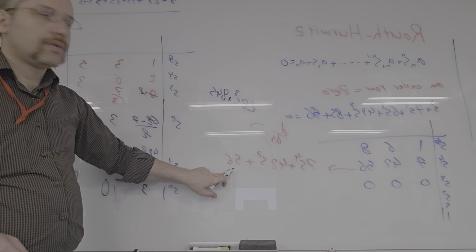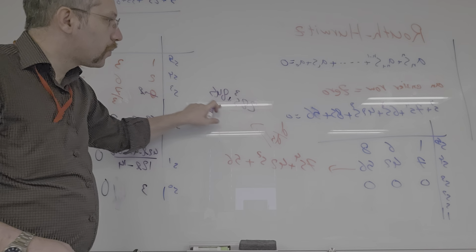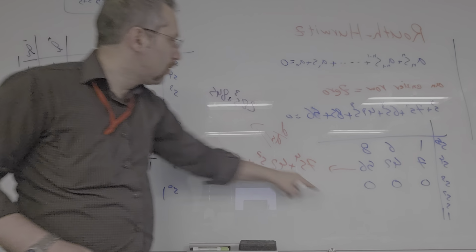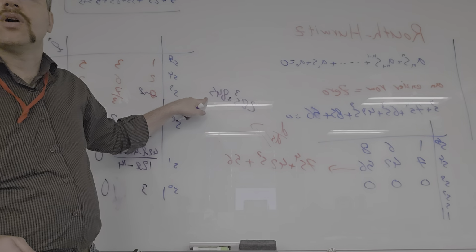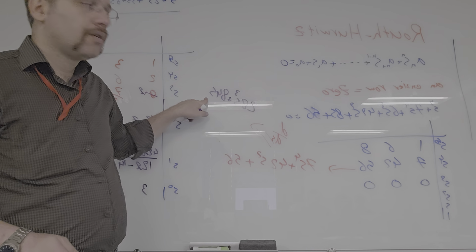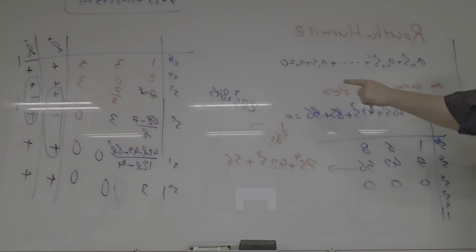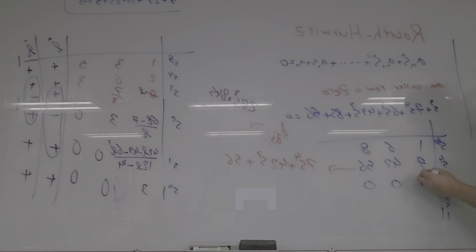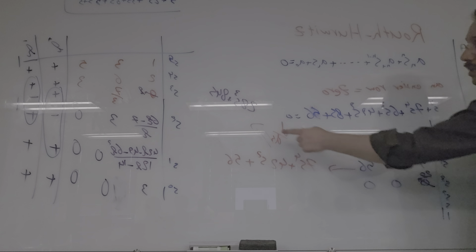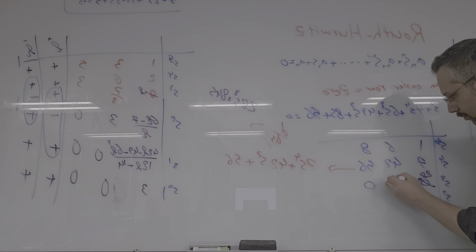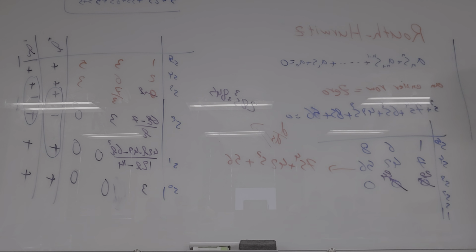Are we good? Now, we are going to replace the row 0 with this formula. So the coefficient of S^3 is 28, so this one becomes 28. This one is the coefficient of S^1, we skip one power, it is going to be 84. So this one becomes 84.